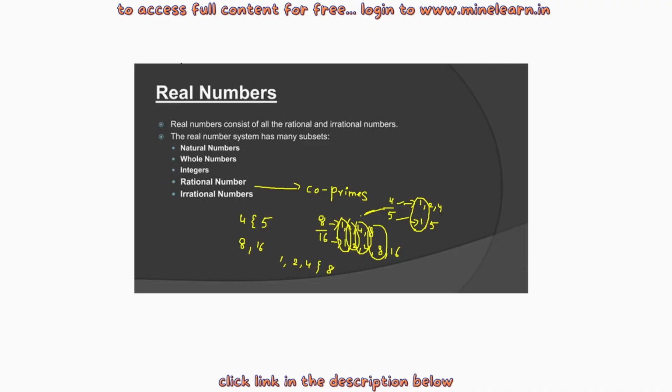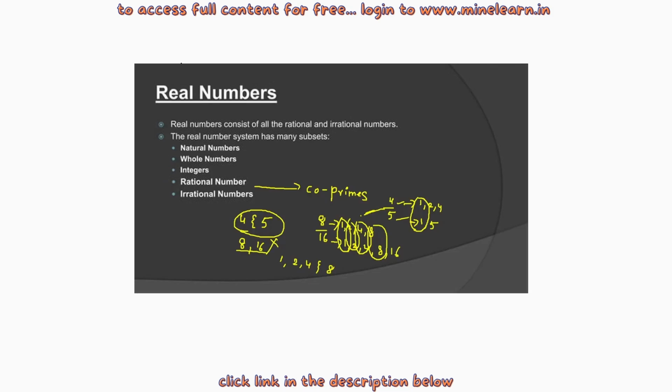So 4 and 5 have the common factor as 1, not any other factor, only 1 as the common factor. So these two numbers are called coprimes. These are not coprimes because they have more than 1, that means other than 1 they have 3 more factors. So these two are not coprimes.